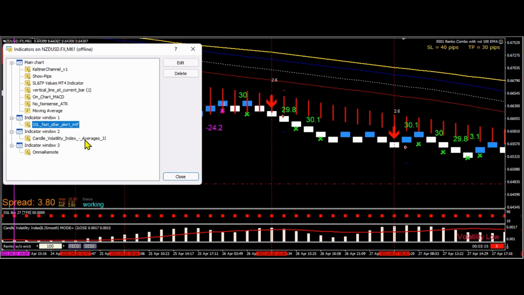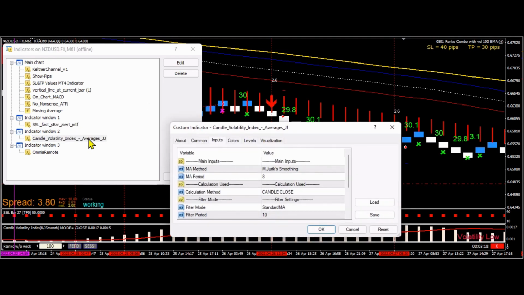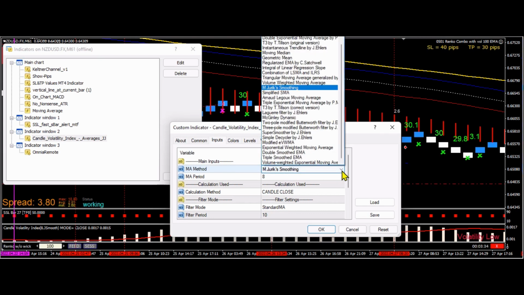And finally, this is the candle volatility index. And again, this is what I am using for my volume. The MA period is 8, which is the default, but I have changed the method. And look at all these methods you have to choose from.